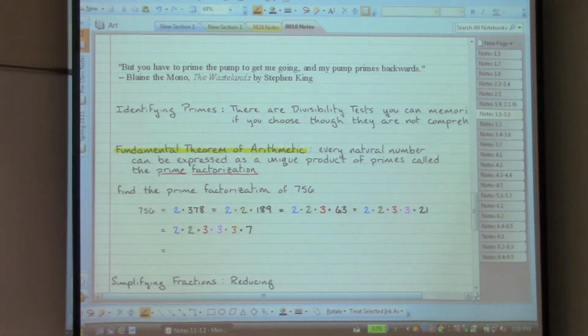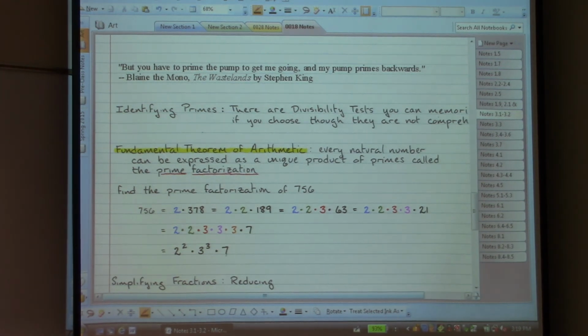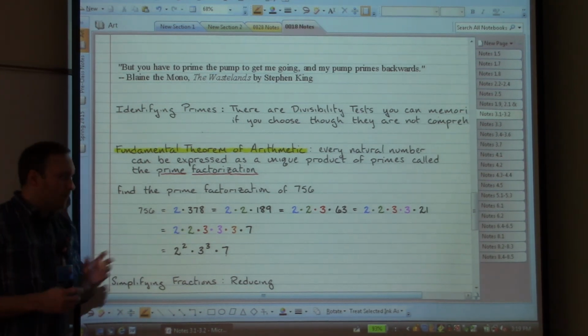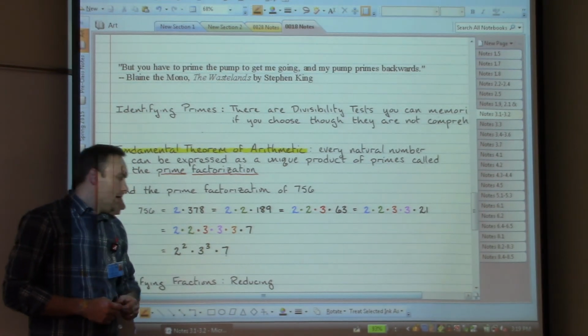That answer would have 2 to the power of 2 and 3 to the power of 3, and times by 7. We do not need to put a power on the 7. There is only one of them. We do not need to emphasize that by having the extra power of 1 on that 7.